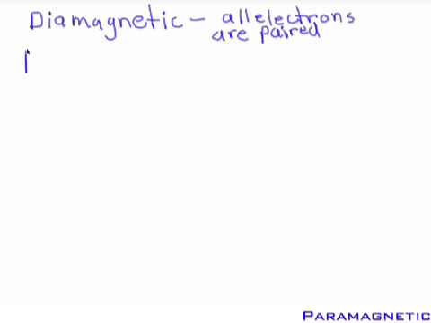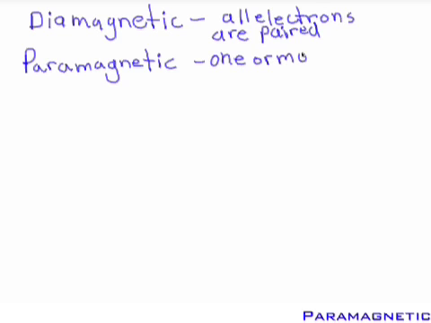You're said to be paramagnetic if you have one or more unpaired electrons. So you have a lone electron, one or more unpaired electrons. So in the case of hydrogen, we saw the electrons were paired up, so in that case it's diamagnetic.